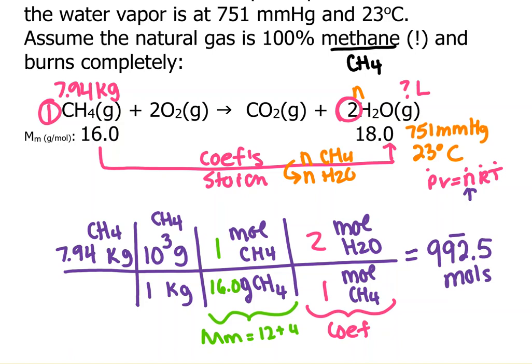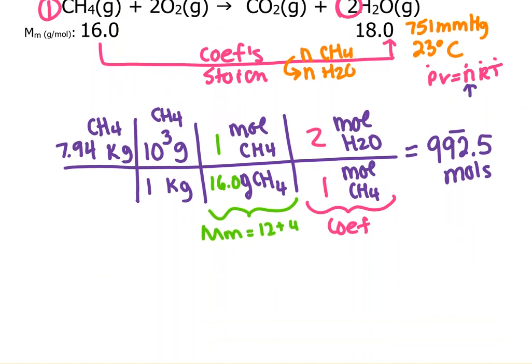Okay, and then with this equation, I need to think about units. So now I have n, I can solve for V, but I need to think about the units to put into my ideal gas law. So let's look at all of the units.